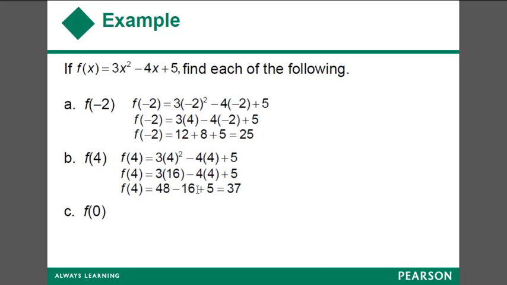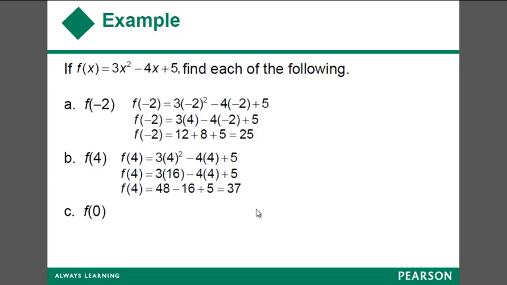Negative 4 times 4 is negative 16 plus 5. 48 minus 16 is 32 plus 5 is 37. So f of 4 equals 37. My coordinate for this point would be 4, 37.